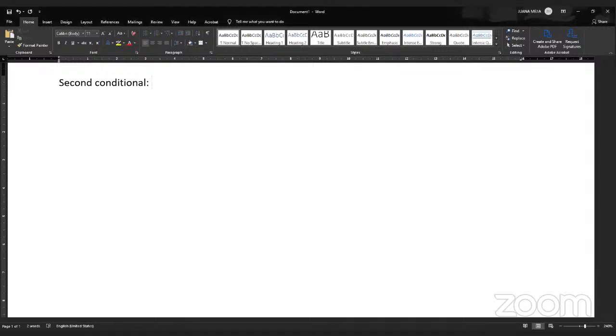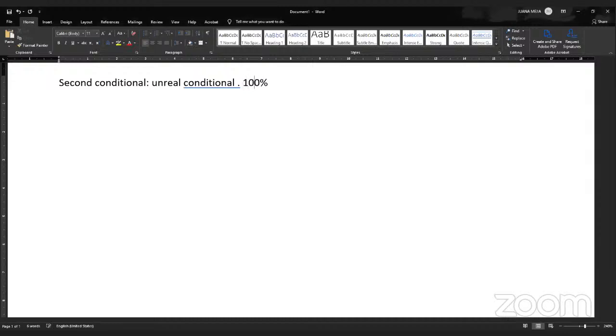Well, for me, the second conditional, I also call it unreal conditional. Second conditional equals unreal conditional. Why? Because this has 10 or 0% of probability.